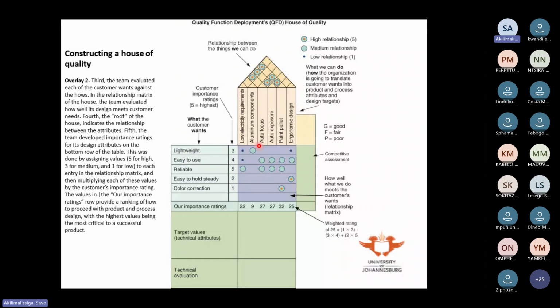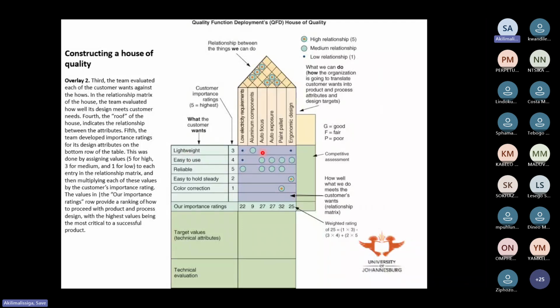But if you were building this house of quality from scratch, you might say, okay, lightweight and autofocus, probably they do have a relationship based on your analysis, and you can also justify that to the team.